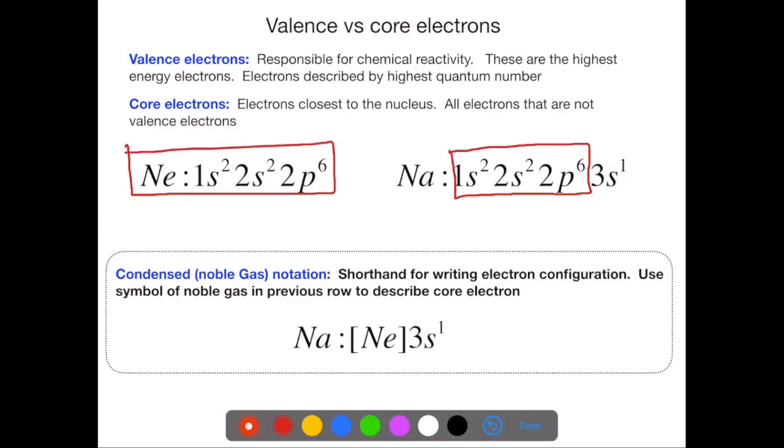So if we want to write the electron configuration of sodium, the noble gas way of doing it is we say sodium, colon, and then in brackets, neon. And that neon in brackets really is the same as writing the full 1s2, 2s2, 2p6, and then after that, all we have to write is the valence electrons, 3s1.